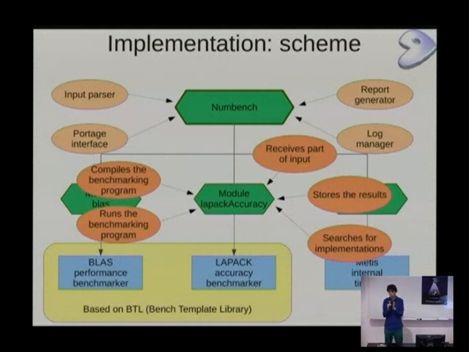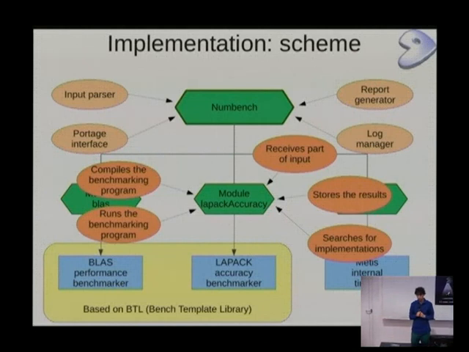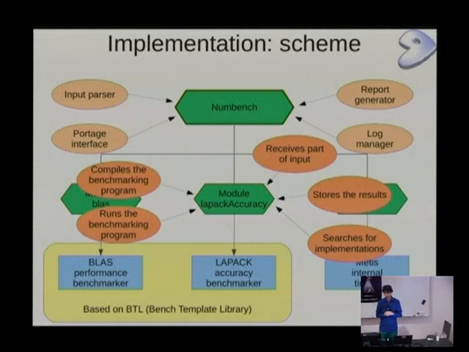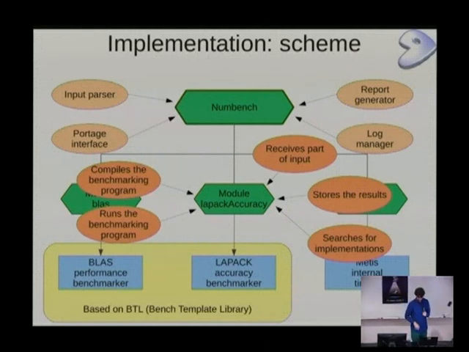So the module has to search for implementations and tell the main script how many implementations there are and which are they. Afterwards, it compiles the benchmarking program, it runs the benchmarking program and collects the output, and finally, it stores the results. So we have a nice structure.